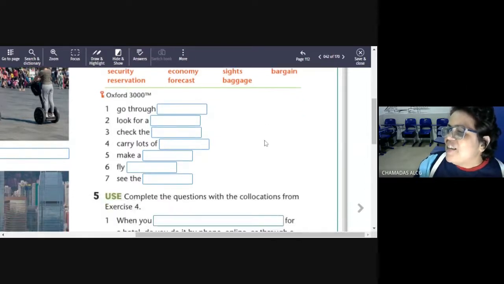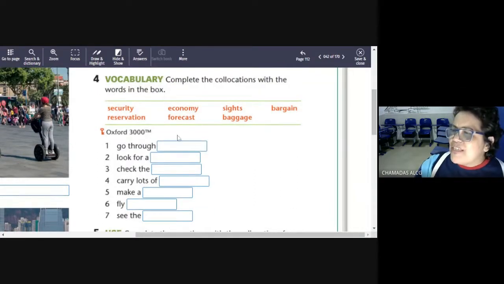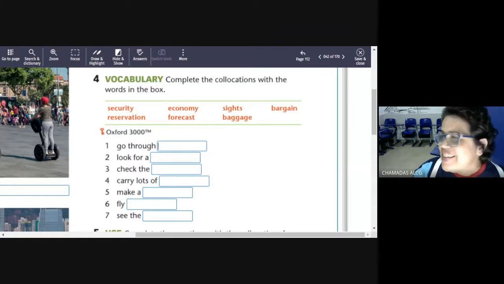So let's see. The first one, go through. What is the best word to collocate with go through? If you said security, you're right.